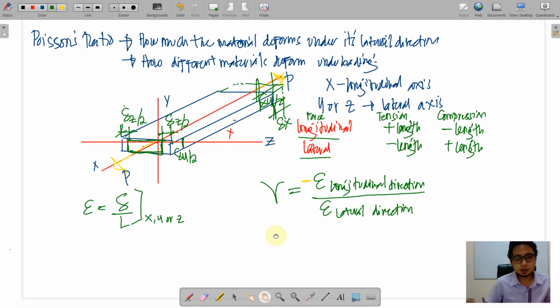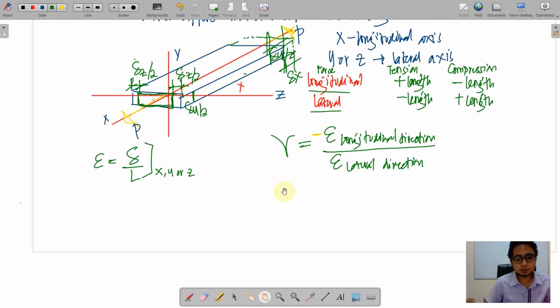So here we have also 3 types of deformation.